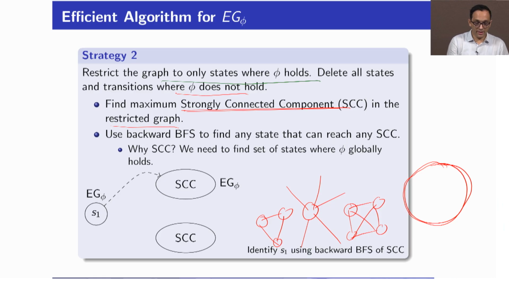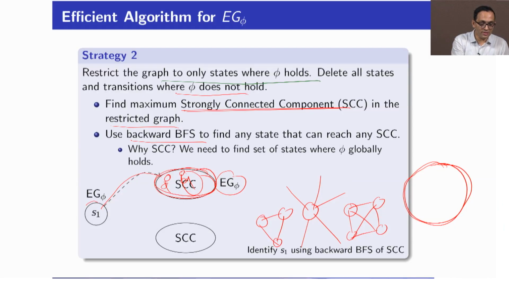Now, from these strongly connected components, I can do backward BFS, which reduces my complexity. I take a strongly connected component where all nodes have phi and they form a cycle, because you can always come back to any other state. So, they are a strongly connected component, and in these states EG phi holds.